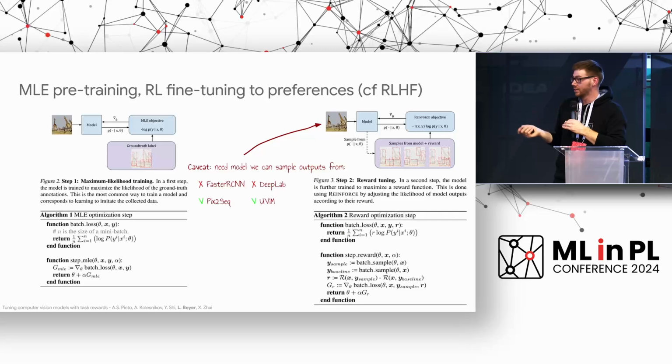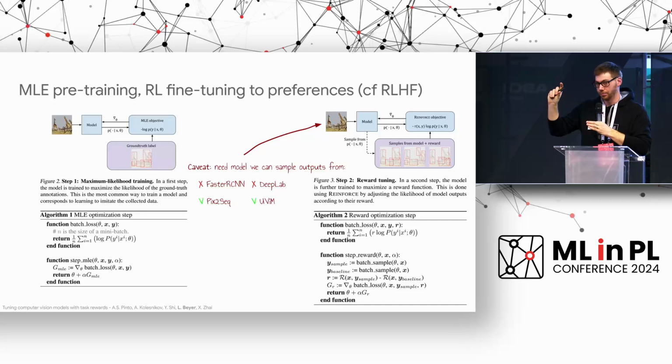And why is this now a thing and not a thing in '92 when REINFORCE in RL was invented? Because to be able to do reinforcement learning, you need to be able to sample multiple plausible outputs for a given input, because there needs to be one sample that is better than the other, right? And this is a recent thing.